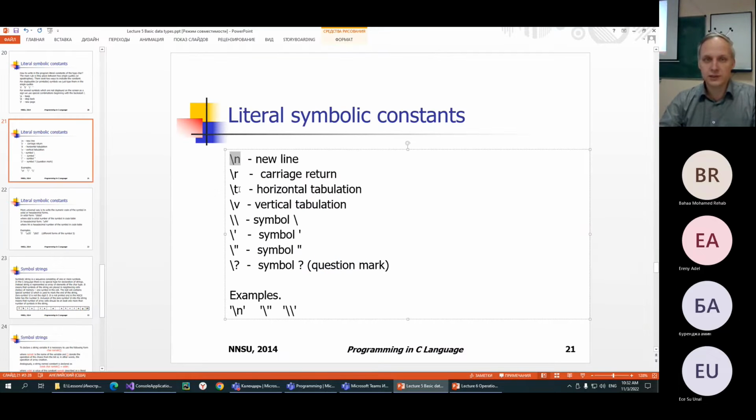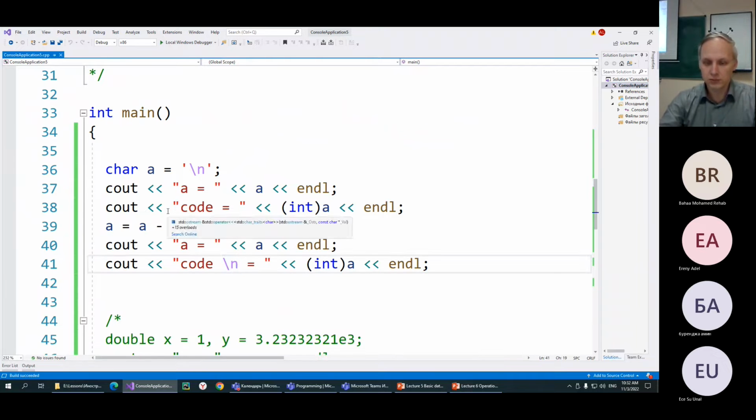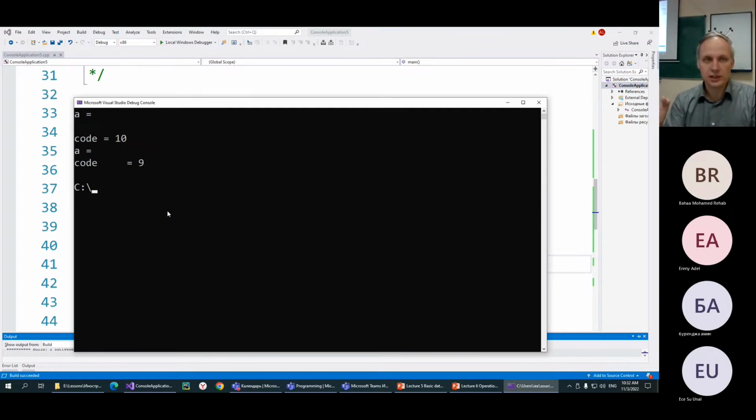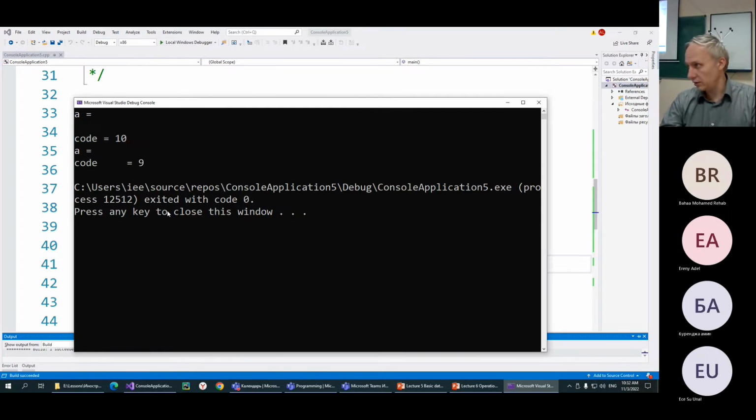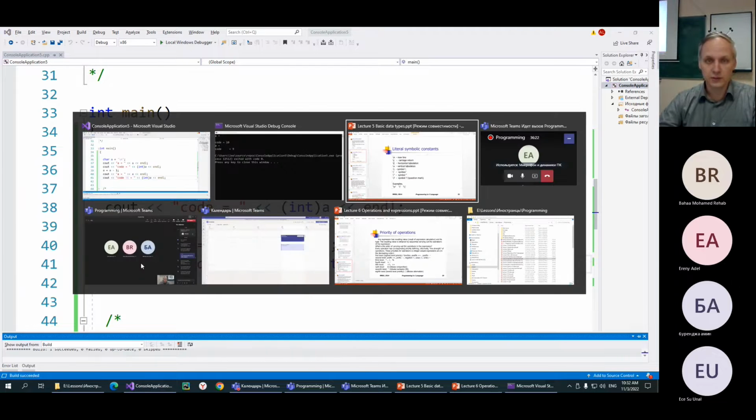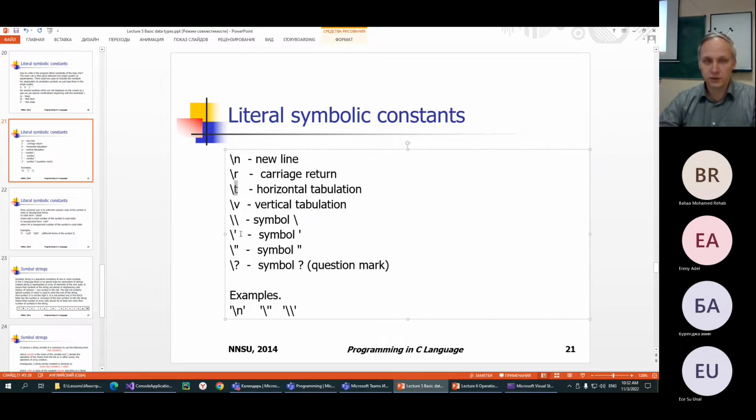And all other symbols, for example, \t corresponds to tab. Not a space, but a tab. And we will see the tabulation on the screen. And so on. There are a lot of symbols. For example, how to output the quotes to the screen.